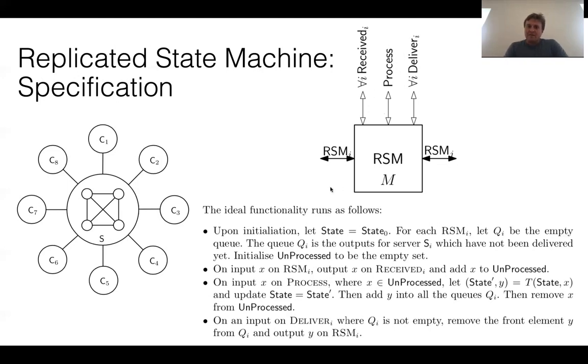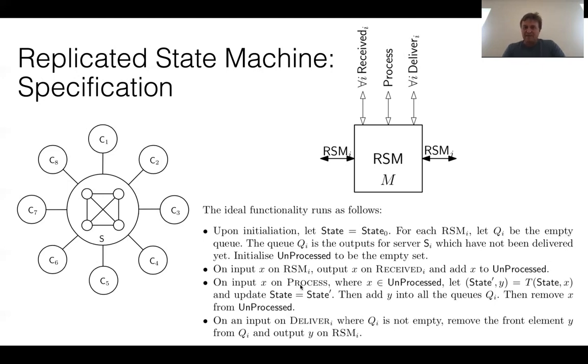And then when the adversary inputs on this port, process, saying please process this input: if there is an input X and process is sitting up here, a special port that comes from the adversary, where X is one of the unprocessed inputs, so some party gave this input at some point and it ended up in unprocessed, then we take our little state machine, take the current state, run it on X, and write down the new state and this output Y. We start with this state being the initial state up here.